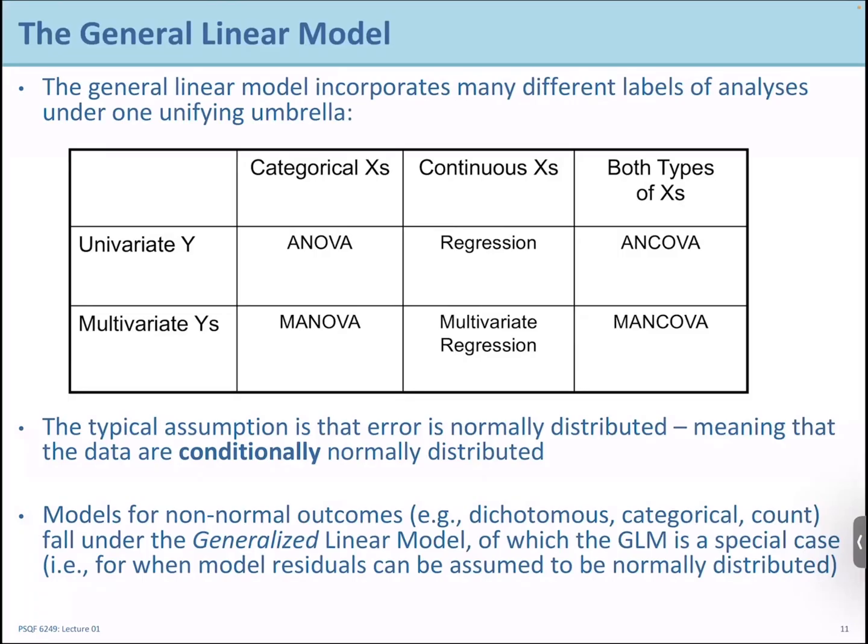value. Right? So why I say that is you may have heard people in your life say, check to see if your outcome is normal. If it's not, transform it. No, that's not needed, right? Because what we assume in this model is conditional normality.